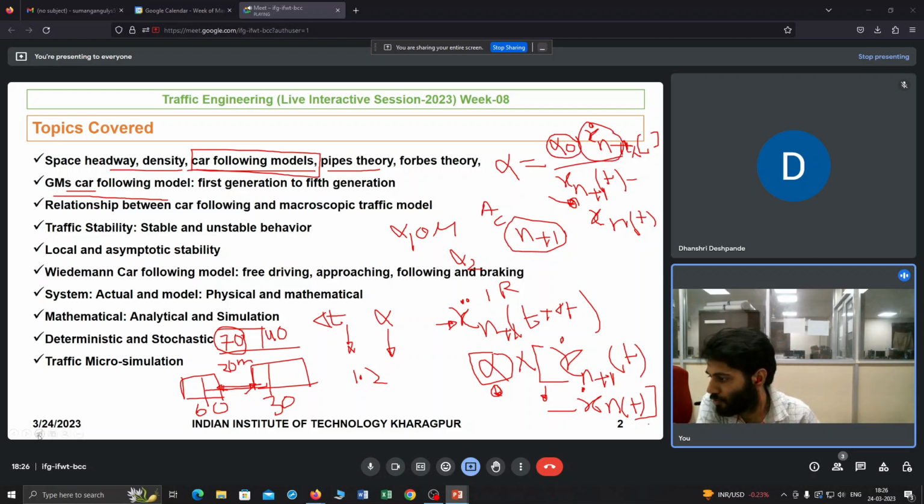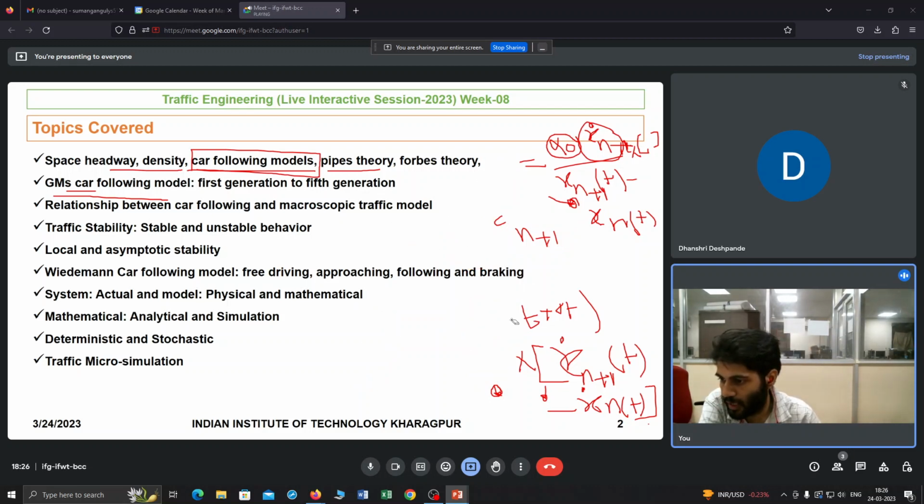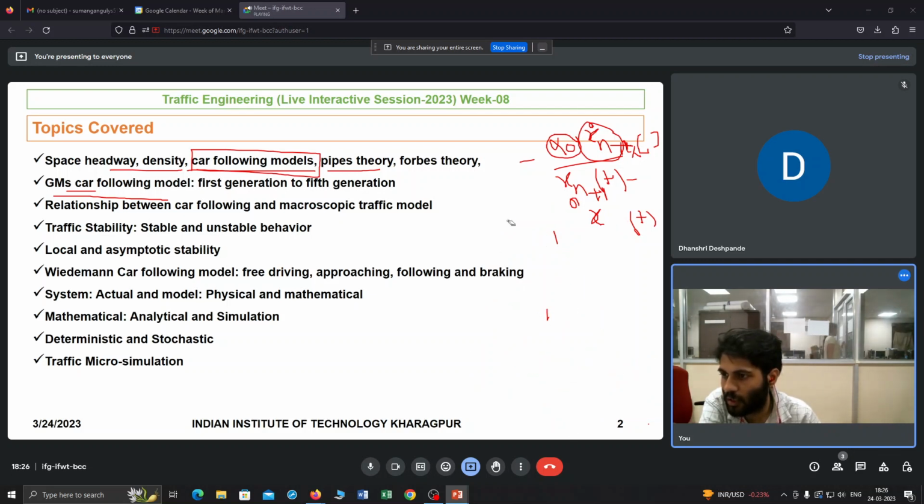So in the case of the fifth, the last or updated one, or we can say the generalized form of this car following model, which we are using nowadays, the expression is similar, but they have generalized it.